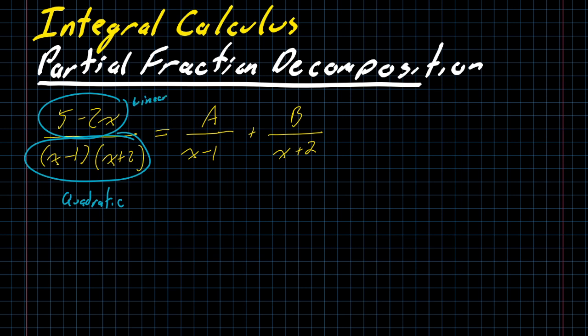The degree of the polynomial in the numerator is smaller than the degree of the polynomial in the denominator. That is necessary. If you don't have that, you can't do partial fraction decomposition. But we do have that, so we can happily do partial fraction decomposition.